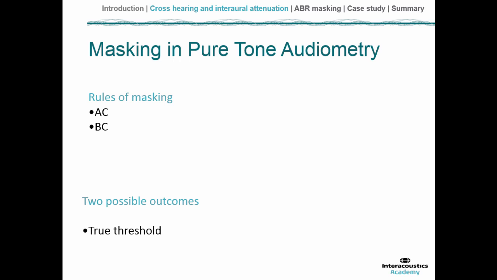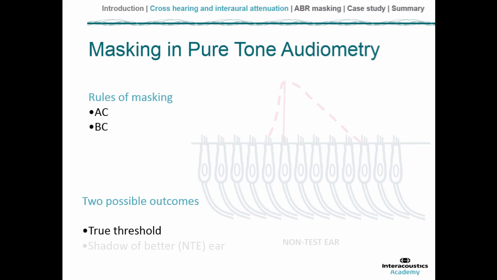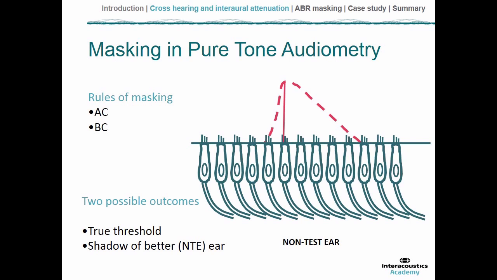Either, despite the risk, actually the sound wasn't being cross-heard, and the threshold in the test ear was indeed a true threshold. In this case, despite the addition of masking, nothing will change in the values of threshold that you've measured. Or on the other hand, in fact, the sound was being cross-heard, and what you were measuring when you were testing one ear was actually the threshold from the other ear, and in that case it was a shadow of the better ear.